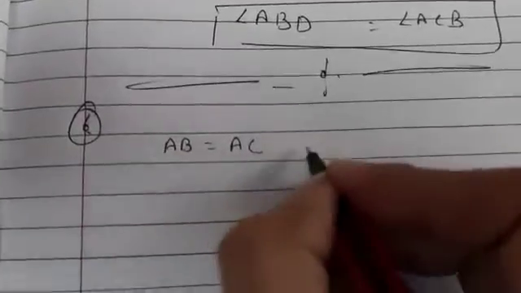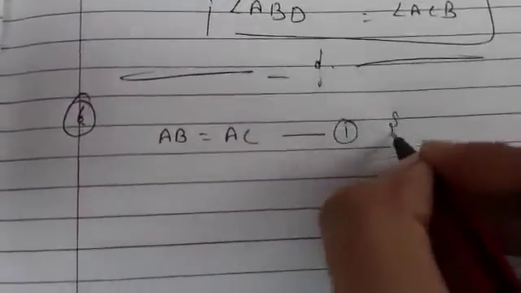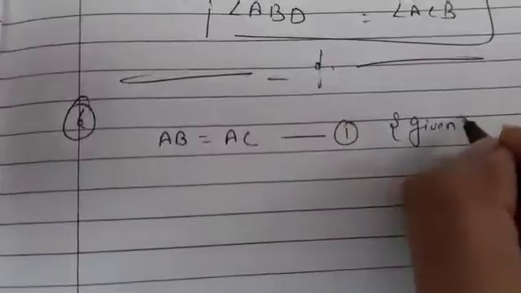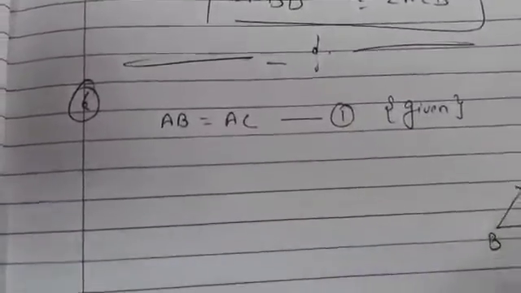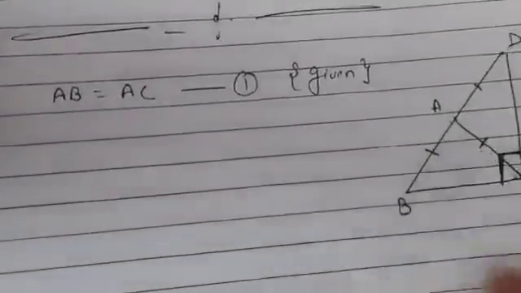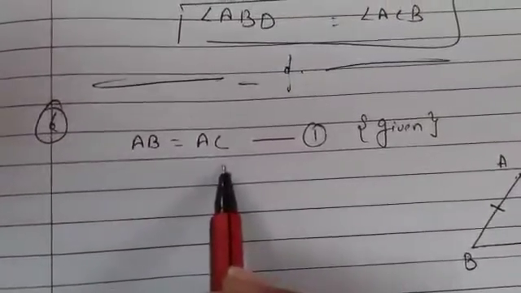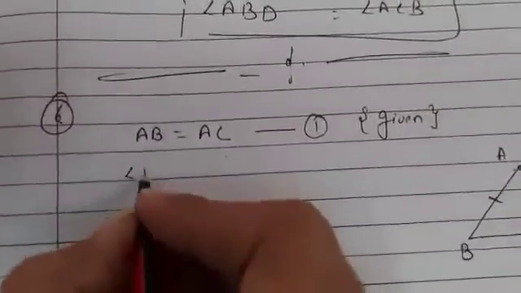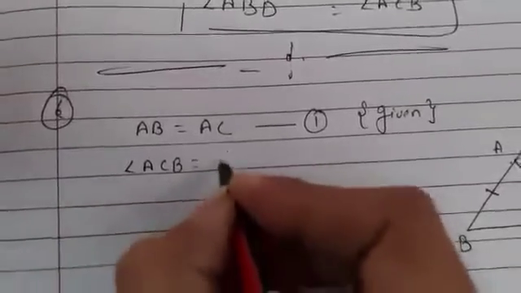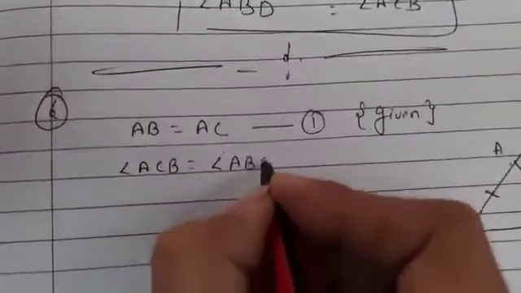First of all, they have given AB is equal to AC, name it 1, that is given. Clear? If AB and AC are equal, these two sides equal, then we can write angle ACB equals angle ABC.